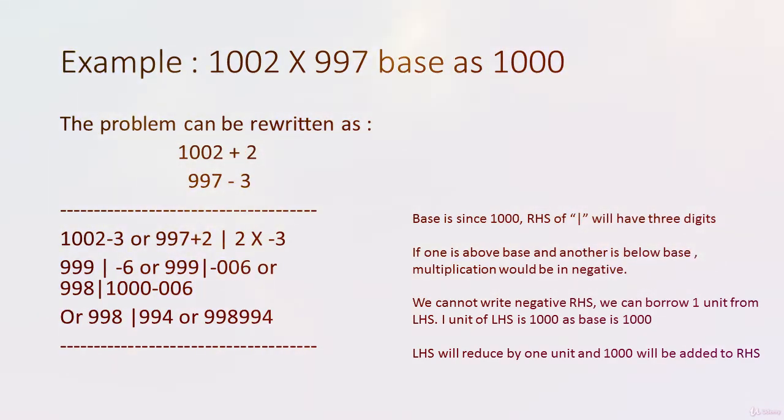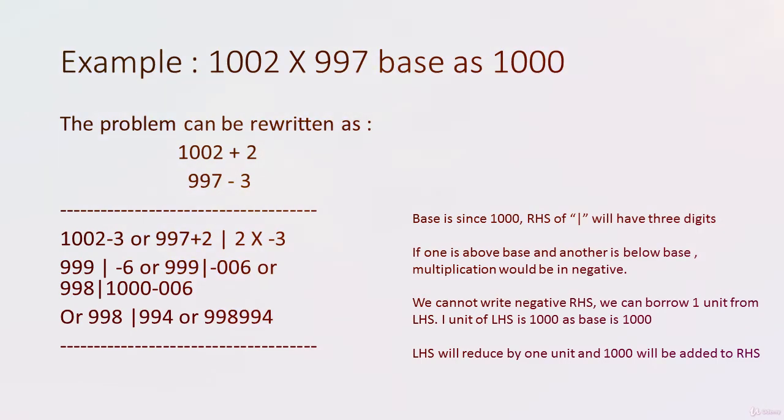To obtain the left hand side portion of our answer, we will do cross addition, that is 997 plus 2 or 1002 minus 3. The left hand side portion will be 999 and the right hand side portion will be 2 multiplied by 3, that is minus 6.